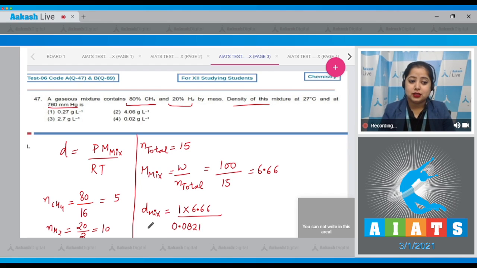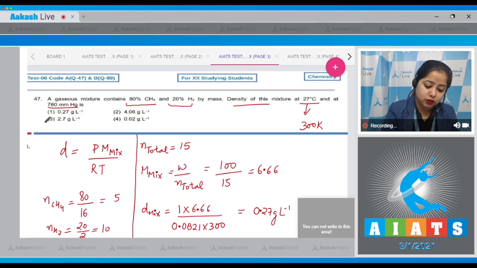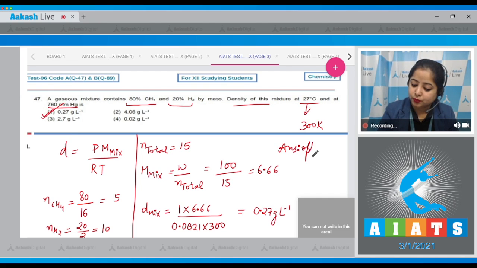And the last is temperature, which is 27 degrees Celsius. That means in Kelvin, this will be 300 Kelvin. So multiply this with 300. The answer will be 0.27 gram per liter. That means the correct answer is option number 1. Here I'm writing, answer is option number 1.